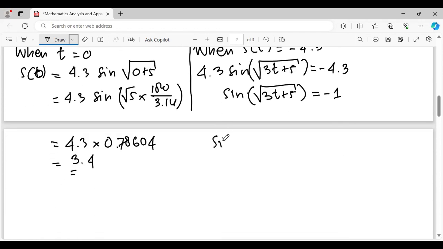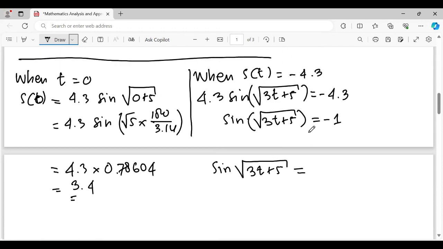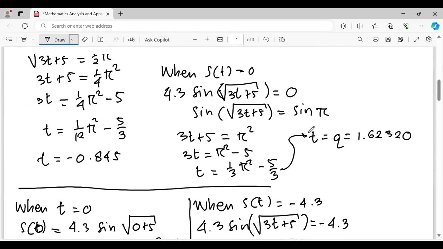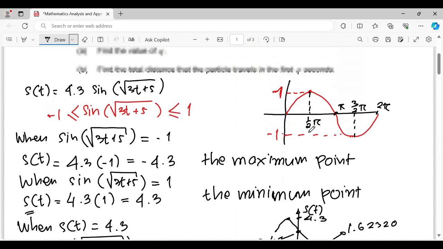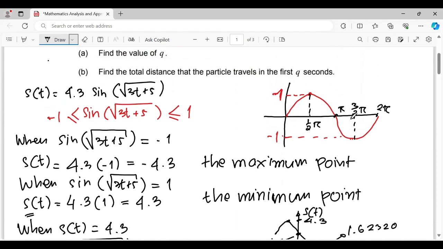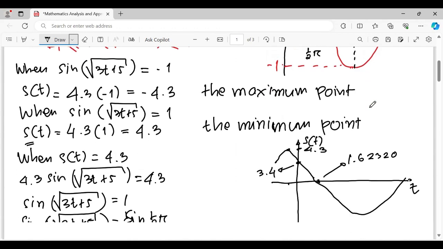It is sine of 3t plus 5 equals sine of this one, 3/2 pi.